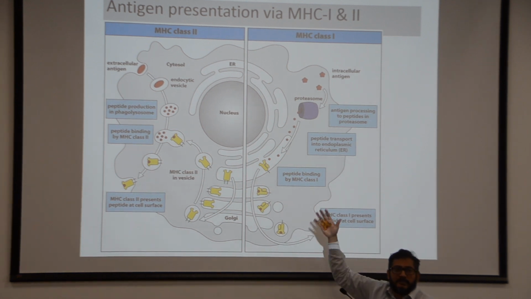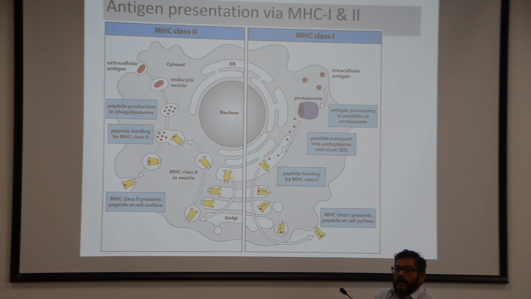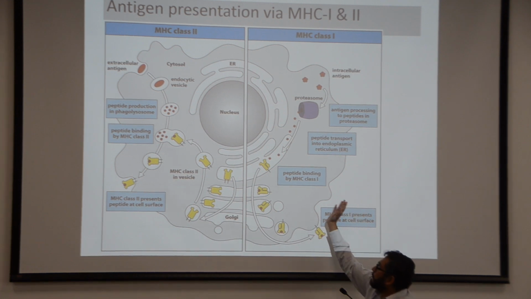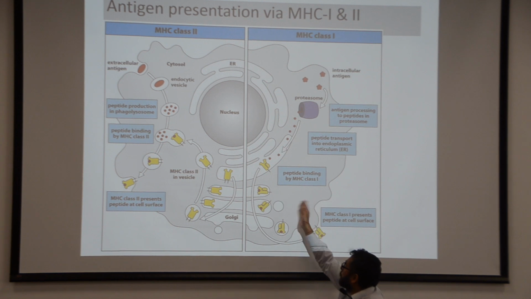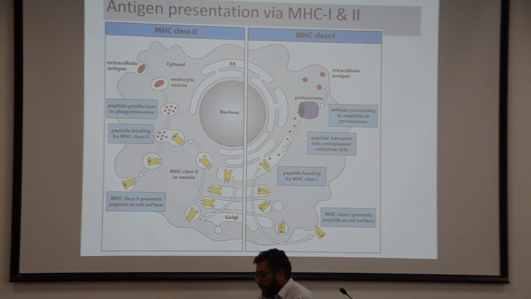It could be a cell surface receptor that needs to be downregulated. Regardless of the causality, once it has gone to the proteasome, chopped down into different peptide sequences, they are actively transported. They use energy-dependent mechanisms to pump these peptide sequences into the endoplasmic reticulum, where they get loaded onto MHC class 1, and then the MHC class 1 comes onto the surface.